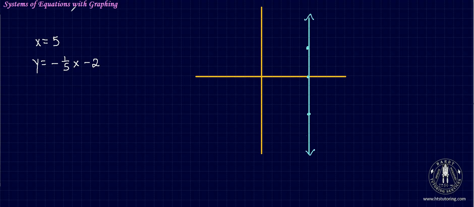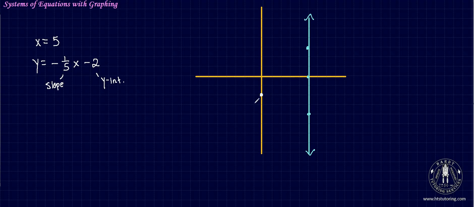Now we're going to graph y equals negative 1/5 x minus 2. So we know that the negative 1/5 is our slope, and we know the negative 2 is our y-intercept. So we're going to go down to negative 2. We're going to graph our y-intercept first, and then we're going to graph our slope.